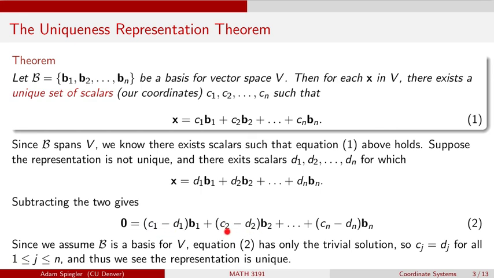This should be 0, so c2 is equal to d2, and so on. So what we see is that for all j, the weights cj equal the weights dj. And that implies that this representation must be exactly the same as the first representation. In other words, this is a unique set of scalars that we find.